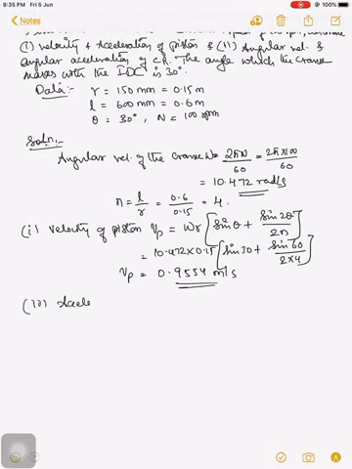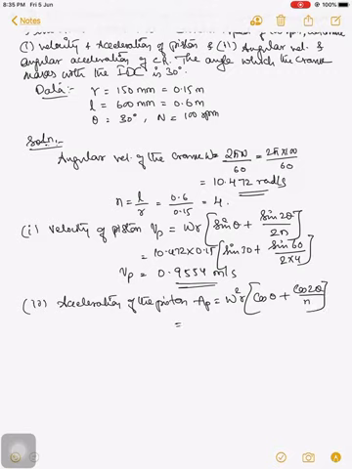Now let us find out the acceleration of the piston using the formula which we have derived in the last video. So we know the formula for acceleration of the piston, that is omega square into r into cos theta plus cos 2 theta by n. So substitute the values here. 10.472 square into 0.15 into cos 30 plus cos 60 by 4.